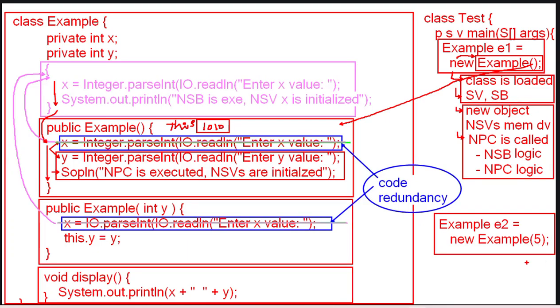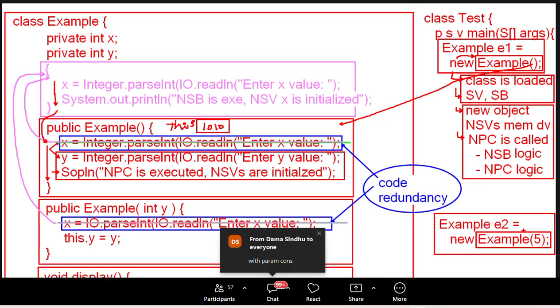I am creating another new object by calling the int-param constructor. This is calling. Here by calling the no-param constructor. Here by calling the int-param constructor.